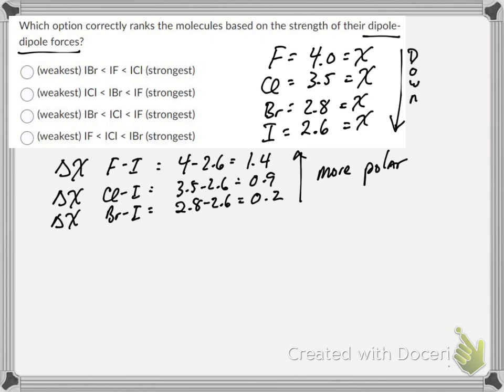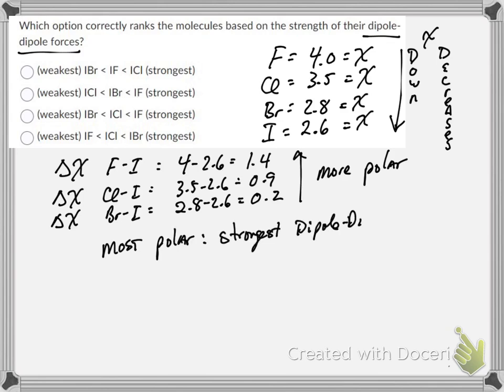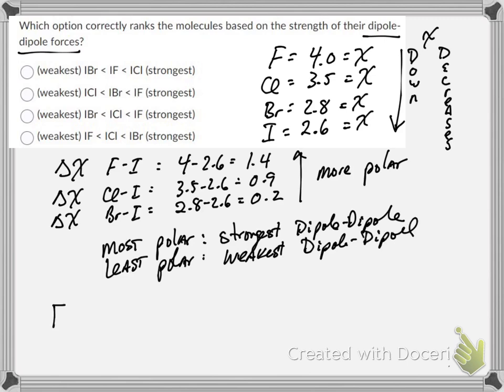We didn't really need the chi individually because we know as we go down a column, chi decreases. So we would expect the most polar bond to form the strongest dipole-dipole attractions, and the least polar bond to have the weakest dipole-dipole attractions. If we wanted to show the dipole-dipole interaction for the strongest one, it would look like this.